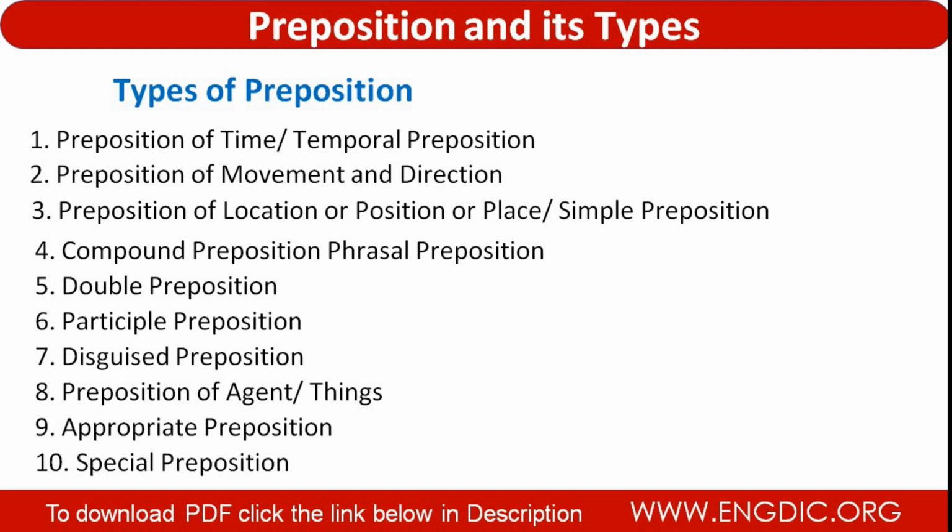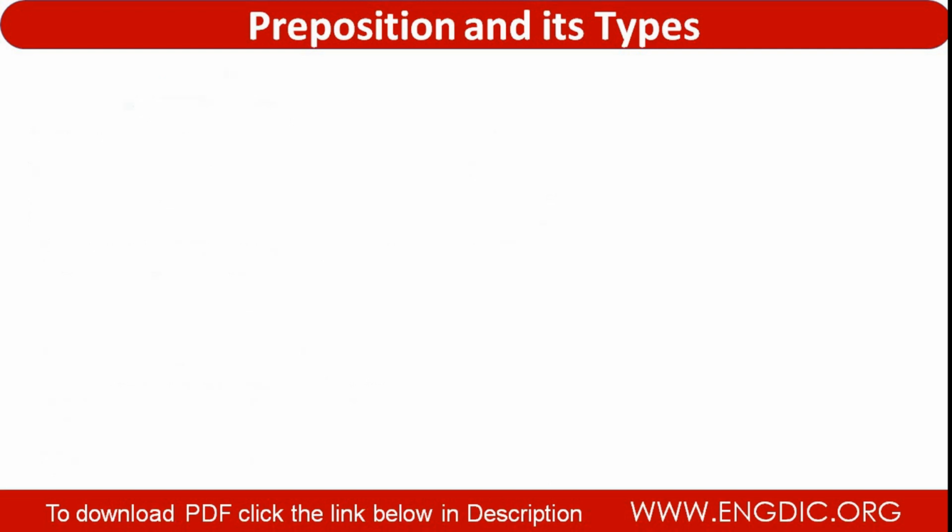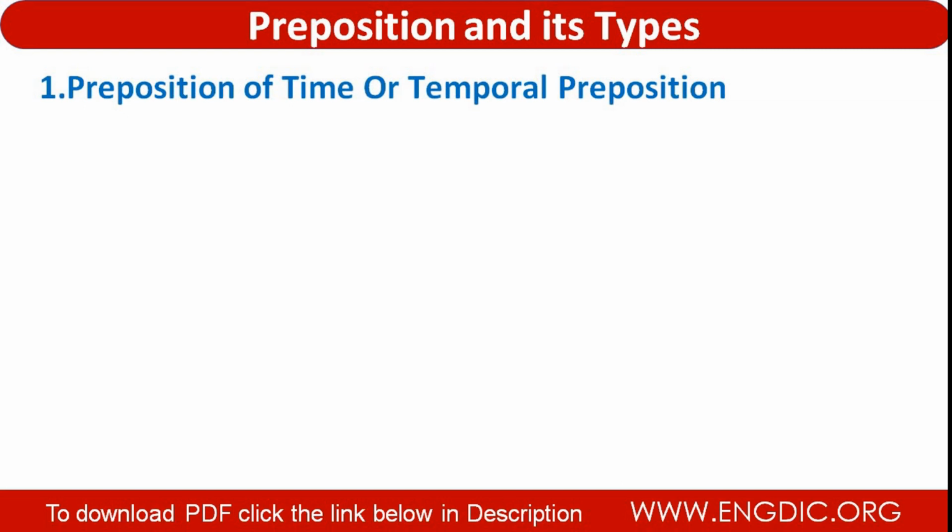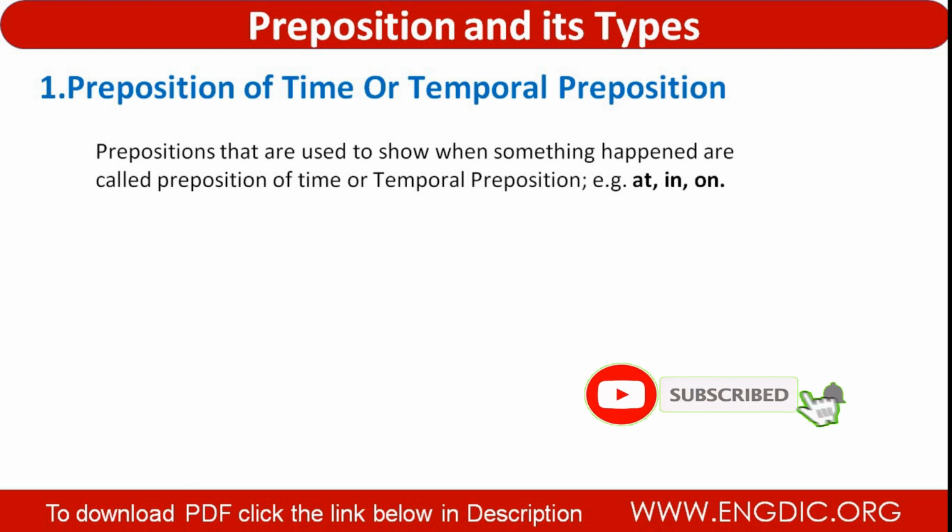Participle preposition. Disguised preposition. Preposition of agent or things. Appropriate preposition. Special preposition. Let's talk about each of them. The first one is preposition of time or temporal preposition.